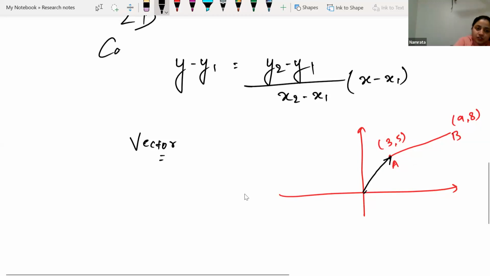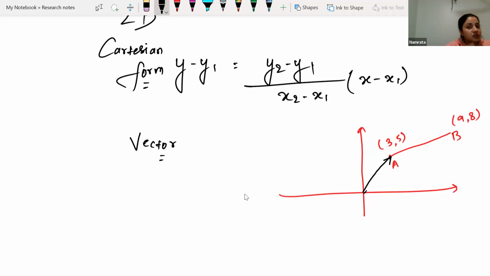This was in Cartesian form for 2D geometry, and we will come to 3D also after this. And in vector form, this is the origin O. Here we have OA, OB, and we need to find the equation of line AB.